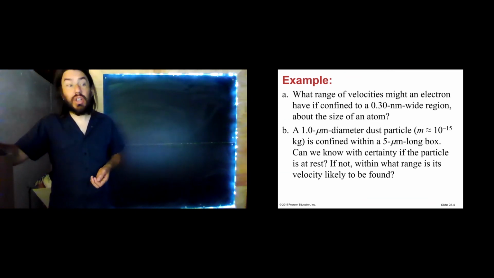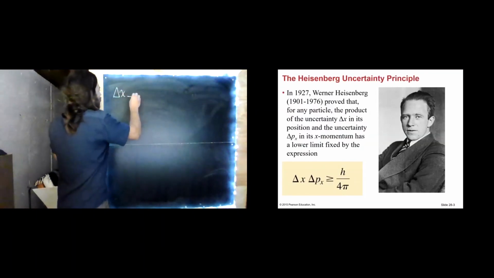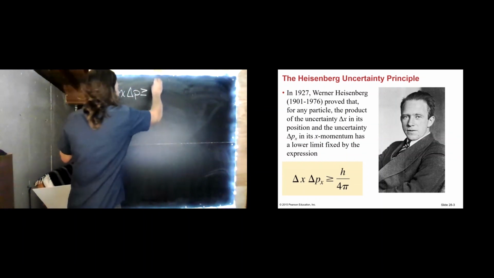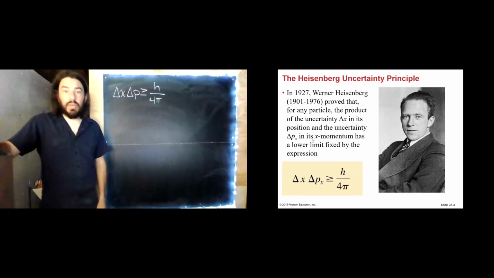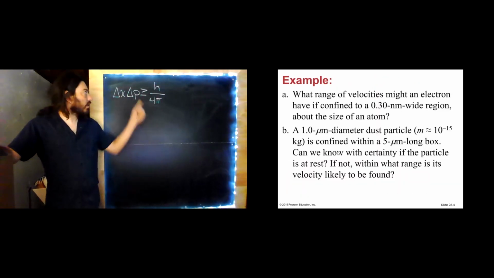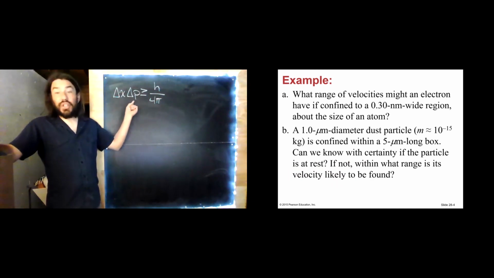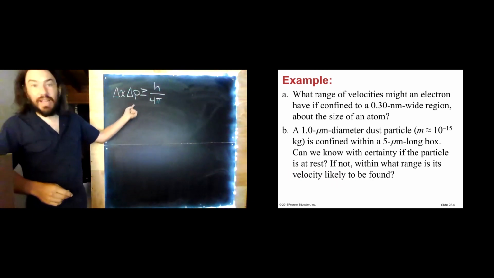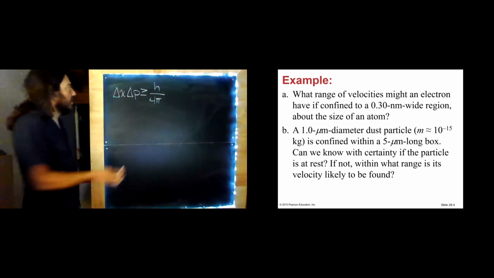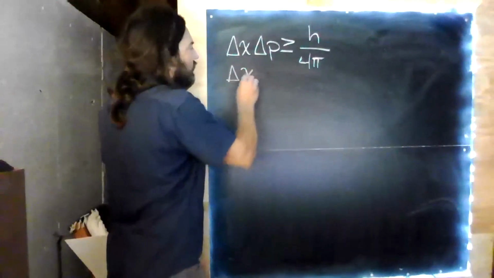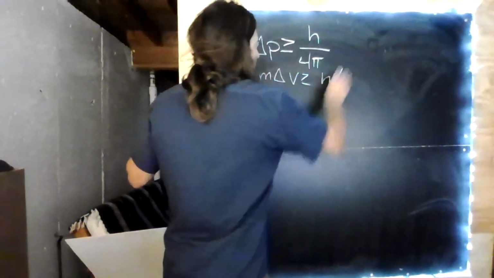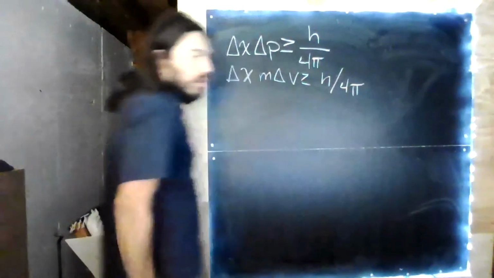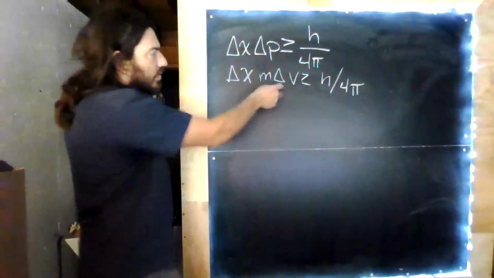Okay, well, let's just start with the uncertainty principle right here. Now, we're talking about an electron, and so we know the mass. So any uncertainty we have in the momentum is actually in the velocity. So let's rewrite that. And I'm looking for a range of velocities, so we'll solve for delta v.